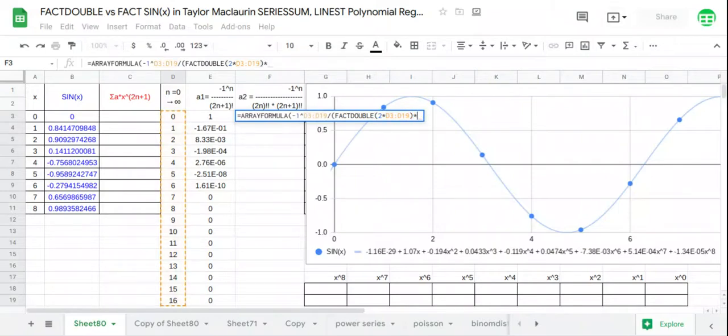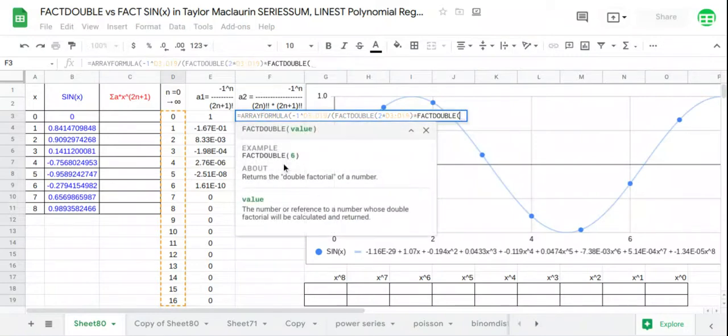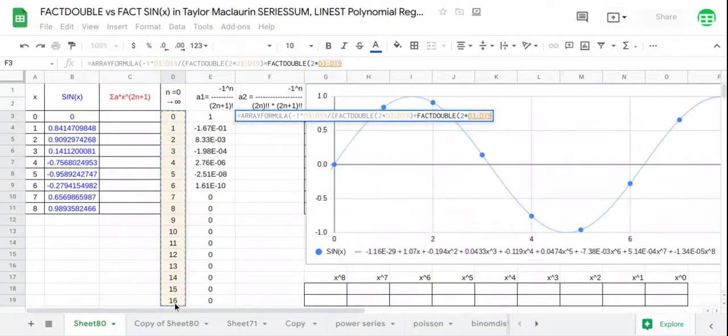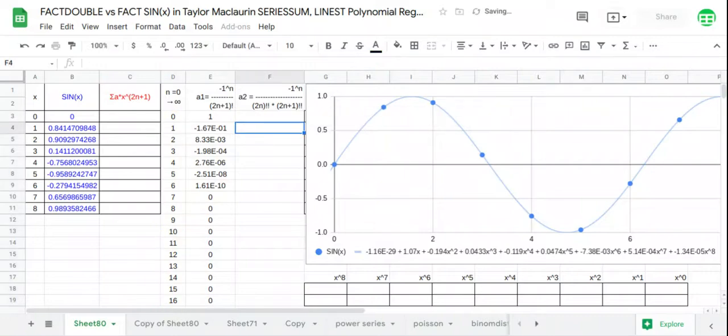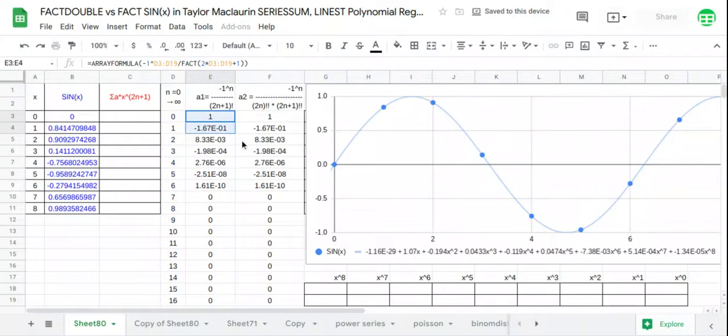That's the first part. The second part, again, double factorial 2n plus 1. So 2 times n plus 1. So their values are exactly the same.